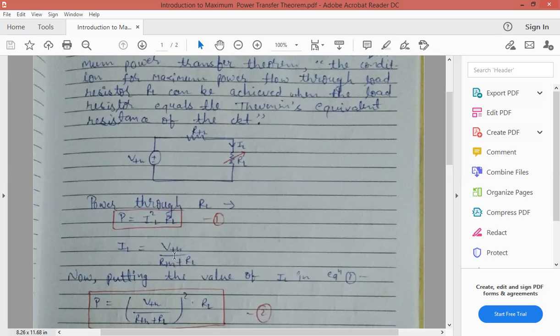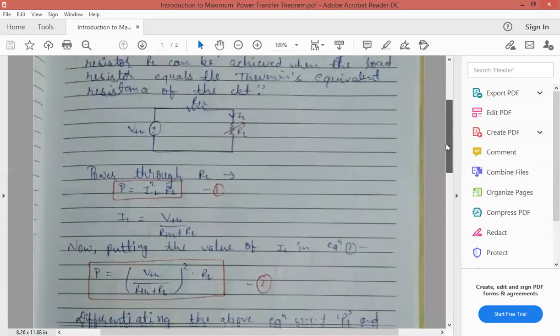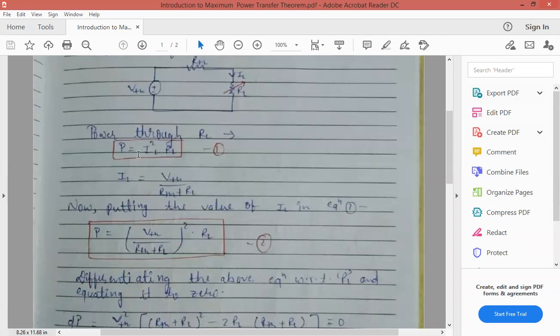Now, we will put this value of IL into equation 1. Equation 1 is P equals IL square into RL. When we put the value of IL, we get P equals VTH upon RTH plus RL whole square into RL, because here it is IL square.